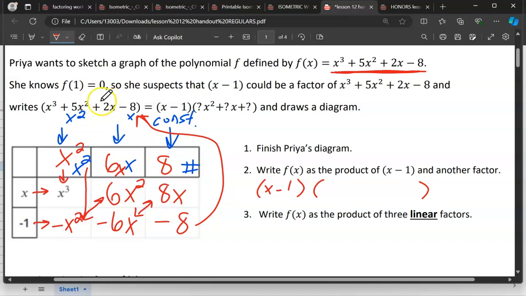Does that check? Absolutely, right there. 2x works out. What I've done by filling in this top row is I have answered the question, what goes into my second parentheses? What goes in there is x squared plus 6x plus 8.